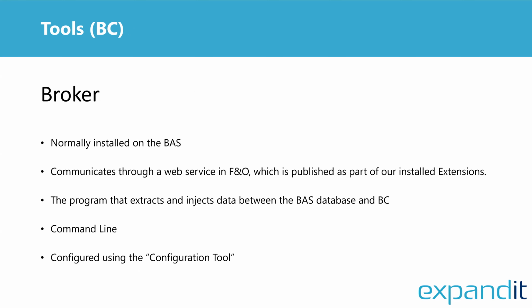It communicates through a web service, as I just discussed, and it's published as part of our objects in F&O. This is the program that extracts and injects that data. It, again, is command line, so it's not something normally used or seen by the user, but it is configured using the configuration tool.